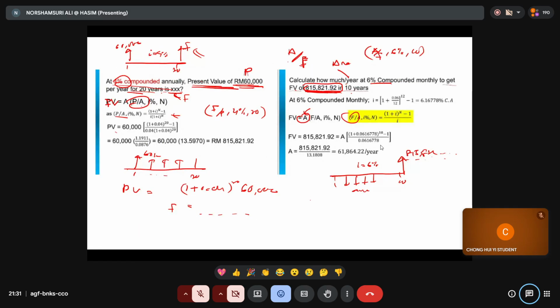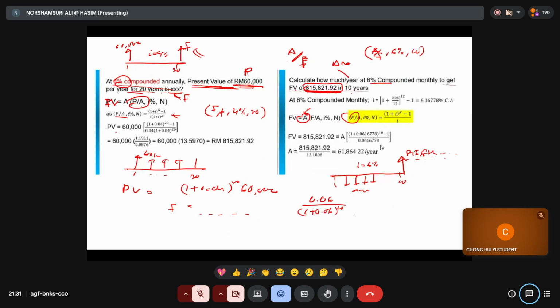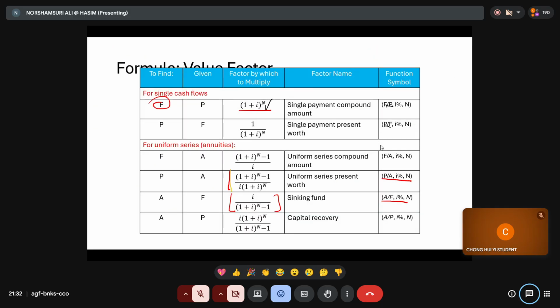So I is 0.06, and 1 plus 0.06. This one is 10 years, and then you have to minus 1, and then this one has to be multiplied by the future value.